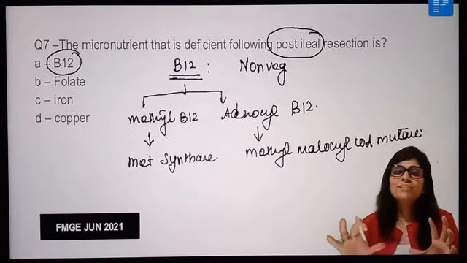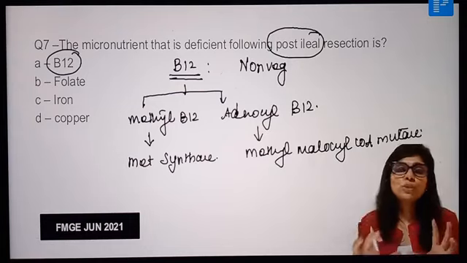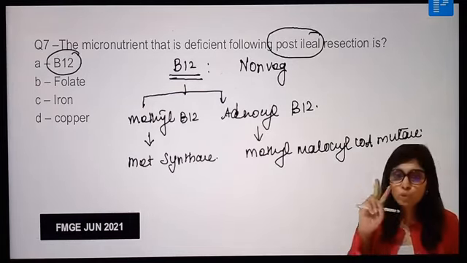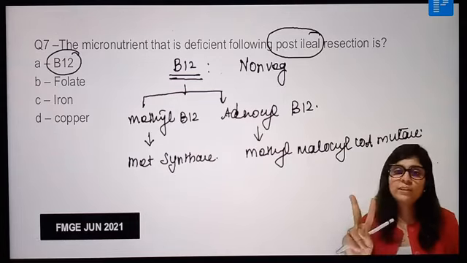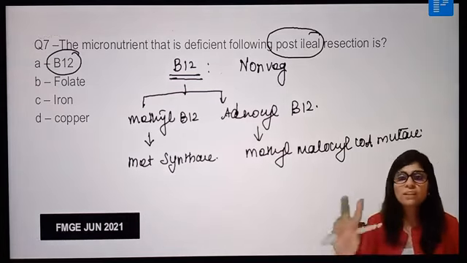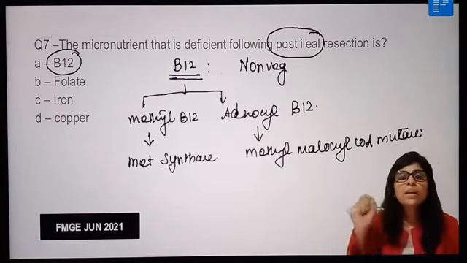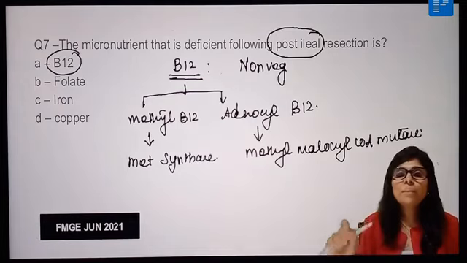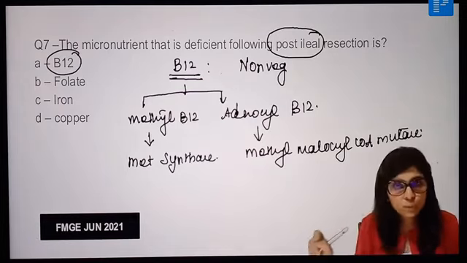So have you memorized all these facts? All sources of B12 are non-vegetarian sources. There are just two coenzyme forms: methyl B12 and adenosyl B12. Methyl B12 is necessary for methionine synthase. Adenosyl B12 is necessary for methylmalonyl-CoA mutase.